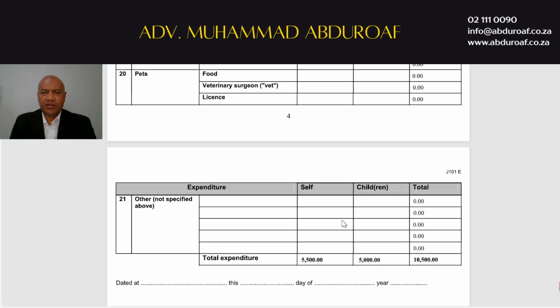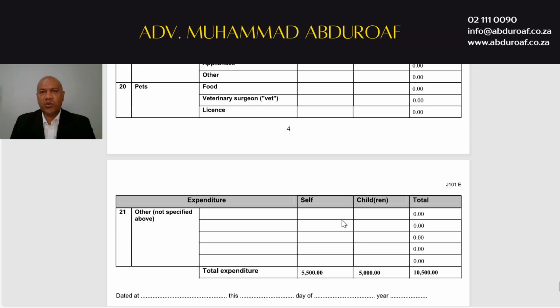If there are expenses which you are not incurring but which you wish to incur and you are including it in this form, make a note next to it and say not incurring, however require. In that specific manner, the court and the other side will know that you require those expenses but you're not paying for them, because you are completing this form in affidavit format.